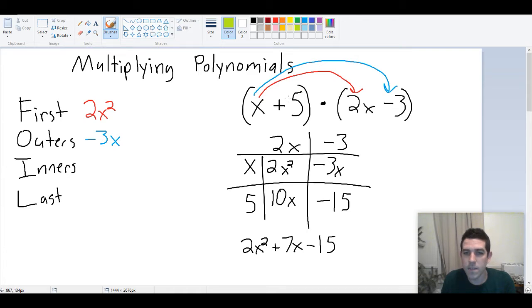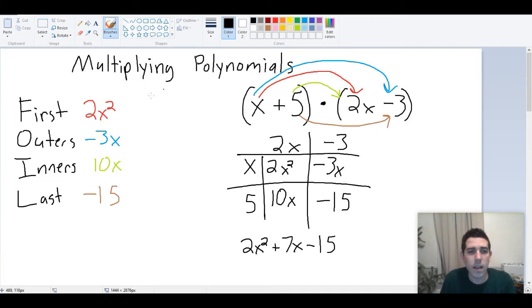That's this positive 5 and the 2x. So what's 5 times 2x? Well, that's 10x. And lastly, I'll multiply the lasts. I need to multiply the last term of each of the polynomials. That's the 5 here, and the negative 3. When I multiply 5 times negative 3, I get negative 15.